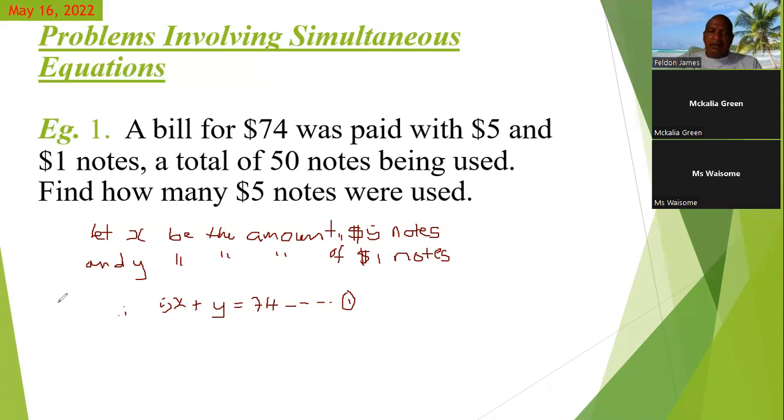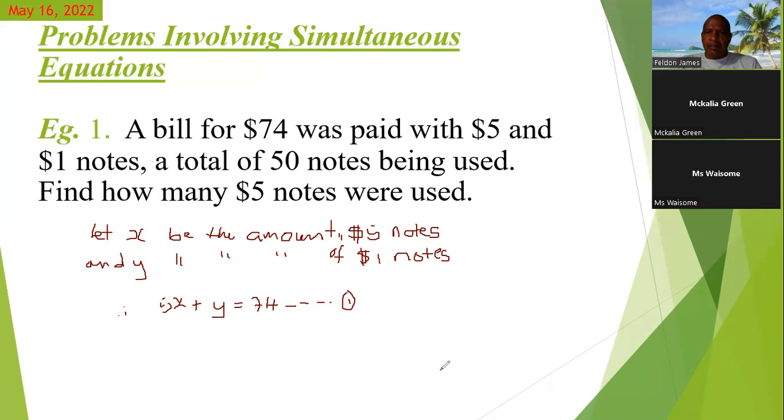And in terms of what we have used for our unknown, what did we say up here? 5x plus y? No, not the equation. What we wrote here. Oh, let x be the amount. Yes. So say x is the amount of $5 notes and y is the amount of $1 notes, what do we do in order to get 50?